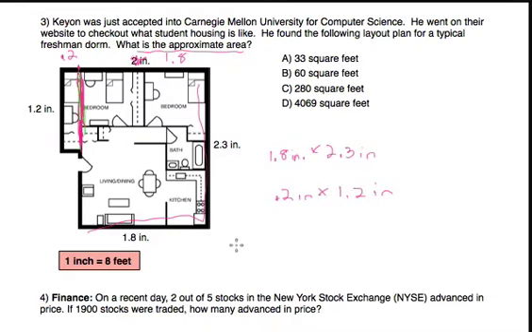If you think about this, let's take a 2 by 2 square. Let's say it's 2 inches by 2 inches. What's 2 inches by 2 inches? That'll give us 4 square inches, which if we convert from inches to feet, we multiply that by 8, and that'll give us 32 square feet, right?